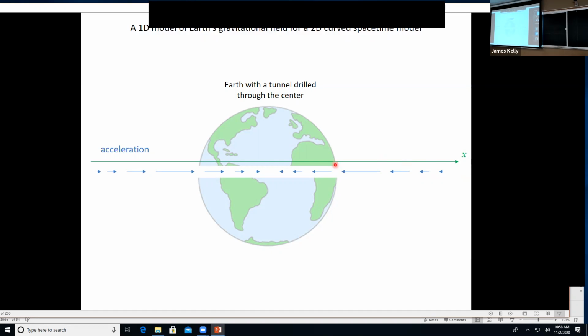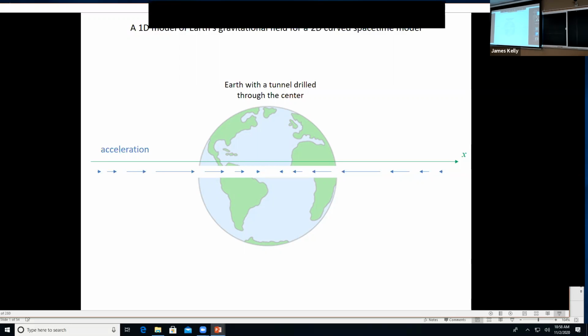Once you get far away from the Earth, the force should be small, and therefore the acceleration is small. As you get closer to the Earth, the gravitational force, according to Newton, gets bigger. And then once you start getting inside the Earth, the force gets smaller and smaller and smaller. And of course, if you're just sitting at the center of the Earth, there's no force at all because you're being pulled equally in all directions. And so at the center, there's got to be no net force because the Earth can't pull you in any direction by the symmetry. Same on the other side.